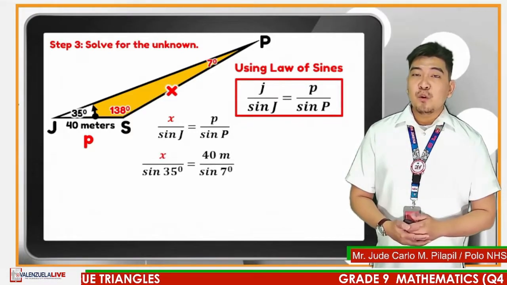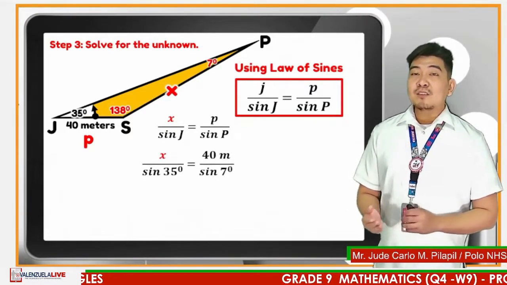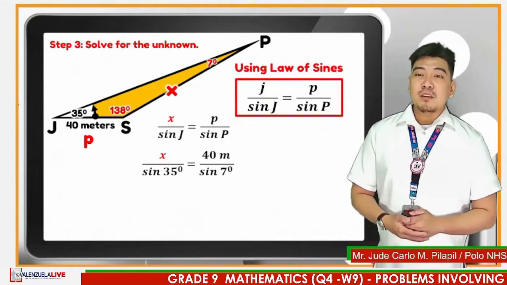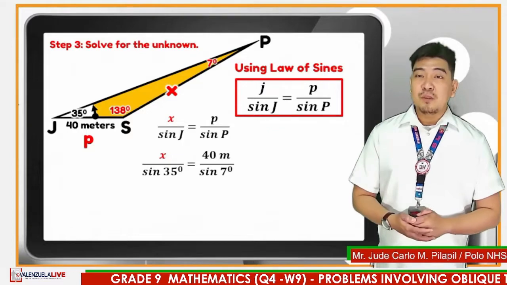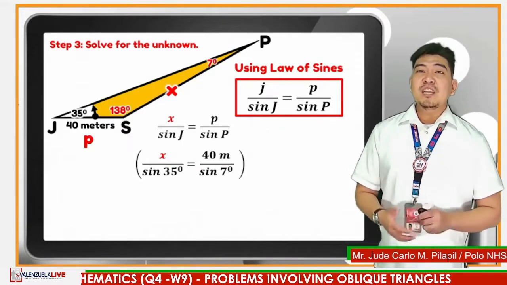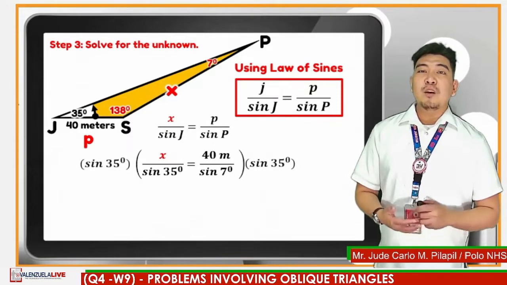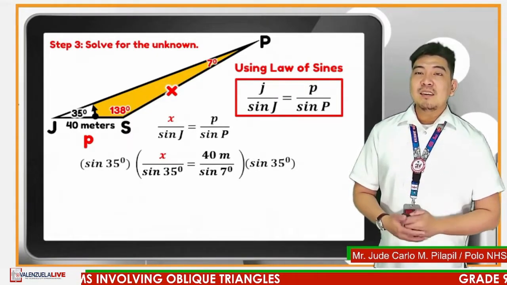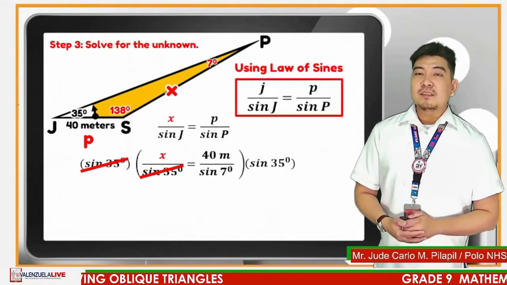Substituting the values to the formula, we obtain x over sine 35 degrees is equal to 40 meters over sine of 7 degrees. To get the value of x, we need to multiply both sides of the equation by sine 35 degrees. Cancel sine 35 degrees.